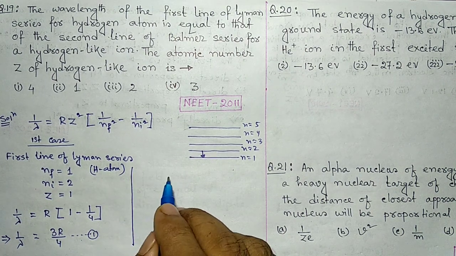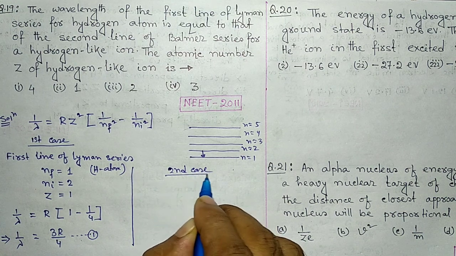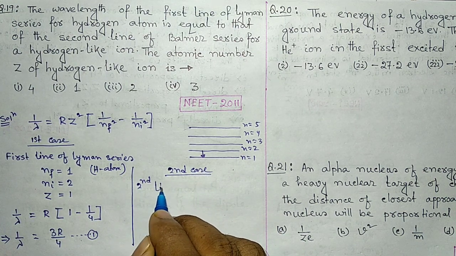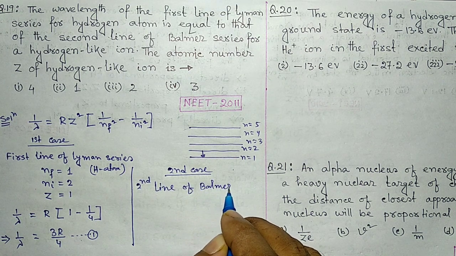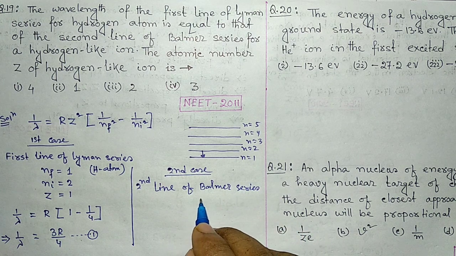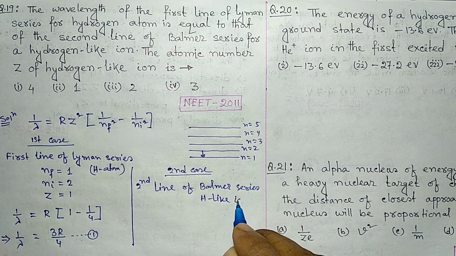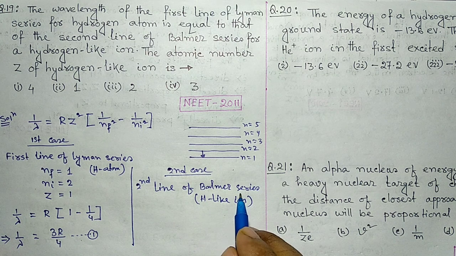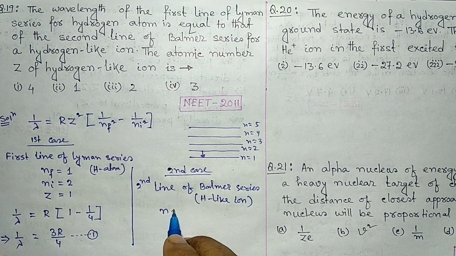Now for the second case, the second line of the Balmer series for a hydrogen-like ion.